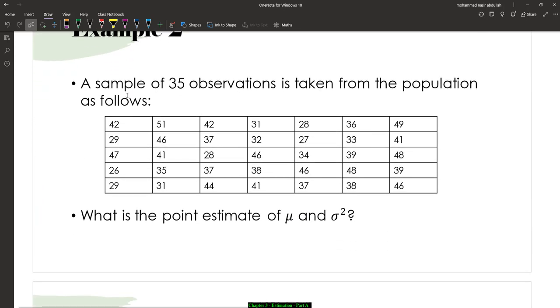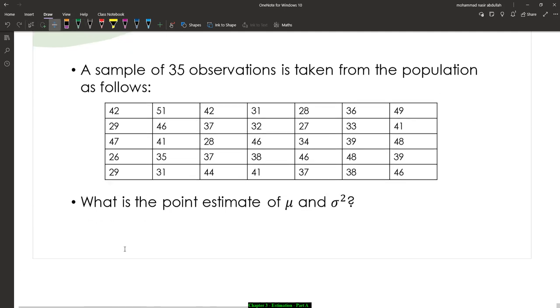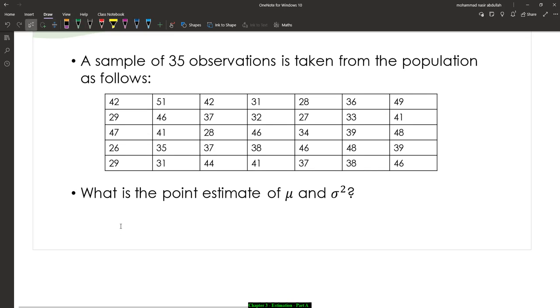Let's look at example number 2. In example number 2, a sample of 35 observations is taken from the population, so we have the data, and we want to calculate the point estimate for mu and variance. The point estimate for mu should be equal to x bar, which is equal to 1 over n summation of xi, where i equals 1 until 35.